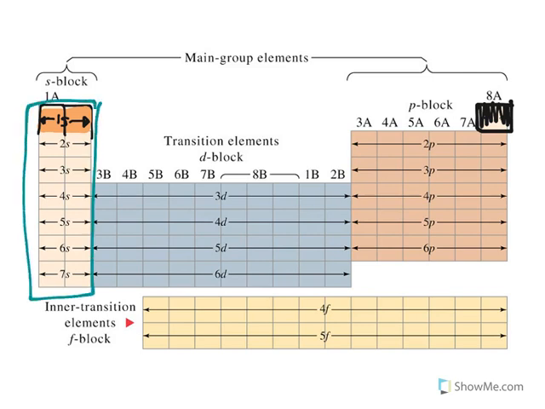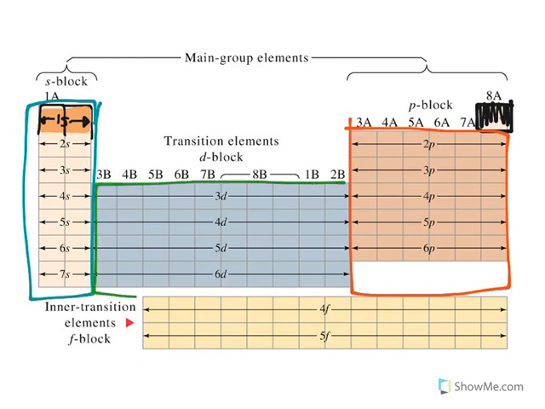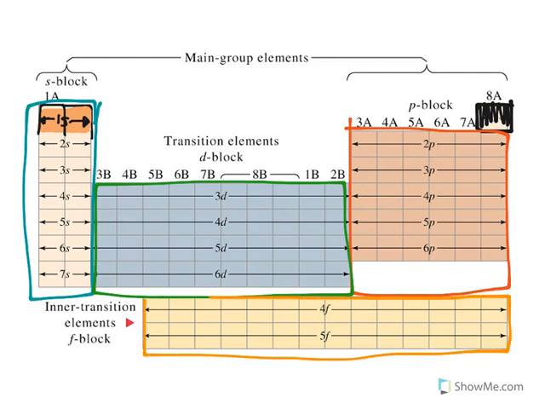The elements that are found in these first two columns make up what's called the S block. The elements that make up the last 6 columns, sorry, this periodic table is not up to date, make up the P block. The elements that make up the transition metals are the D block, and the ones that make up the inner transition metals are the F block.